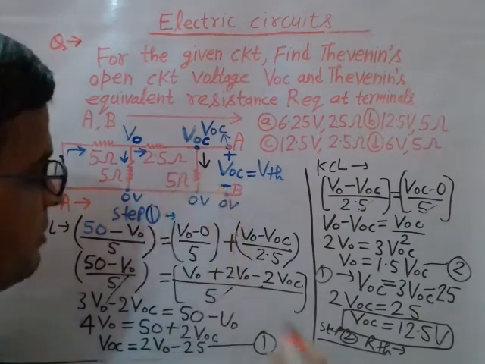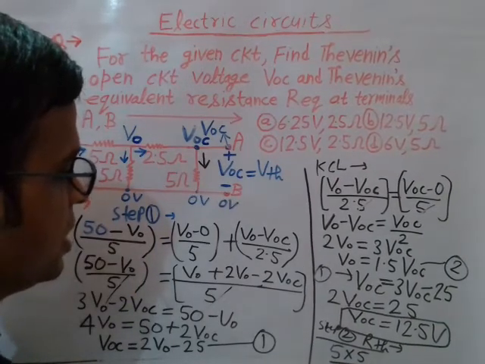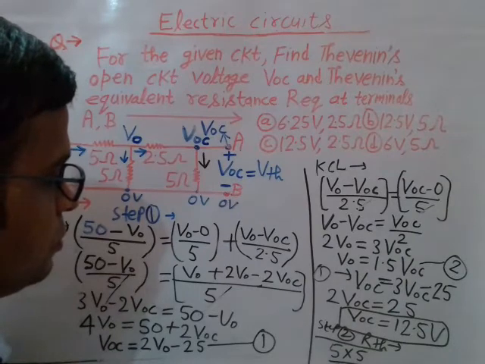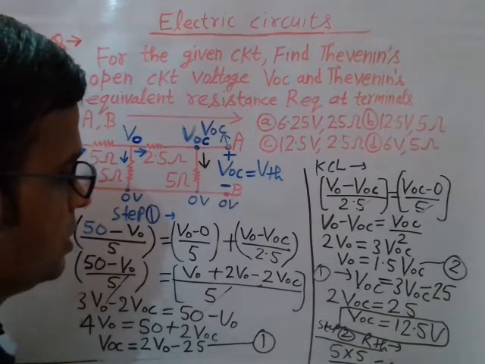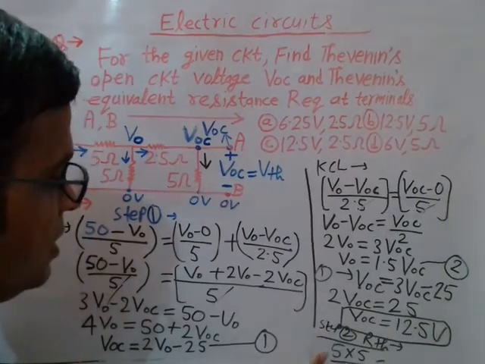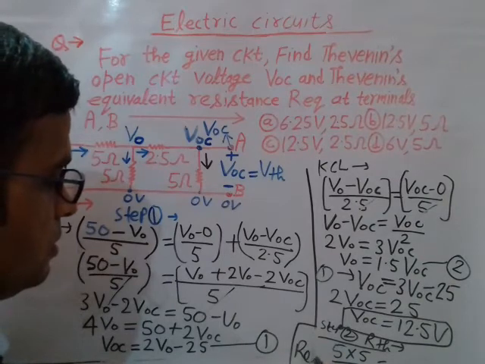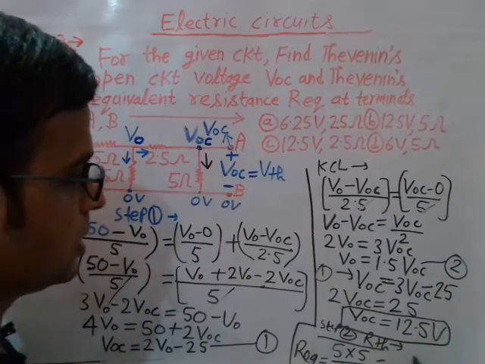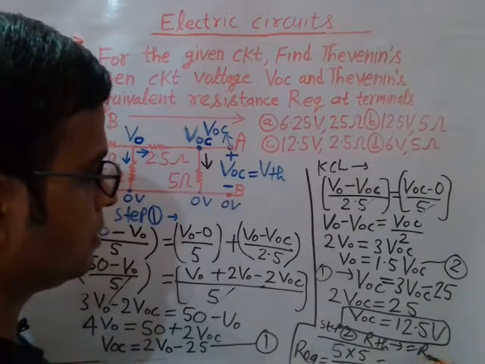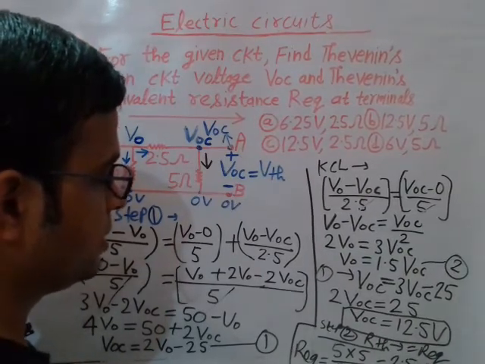5 and 5, right? These are now again in parallel. Are you getting this? So the equivalent resistance that you get, the R equivalent, is nothing but 2.5 ohm, right?